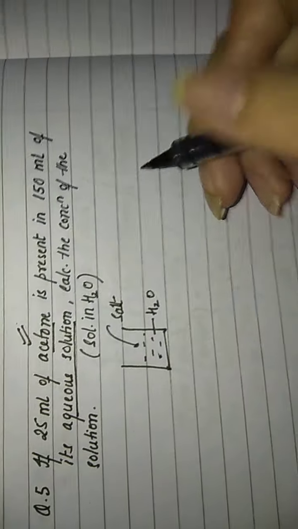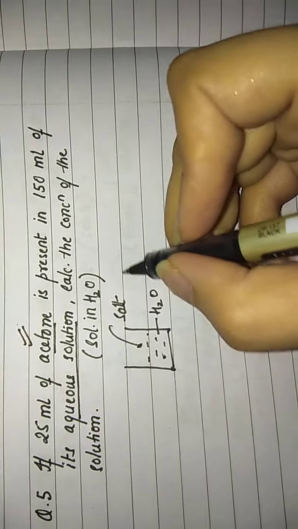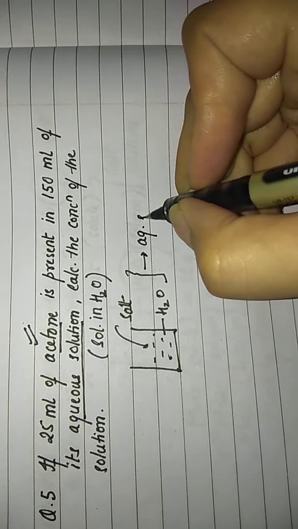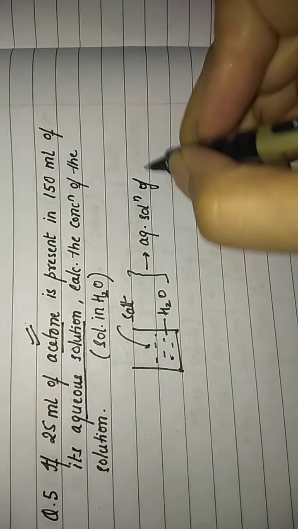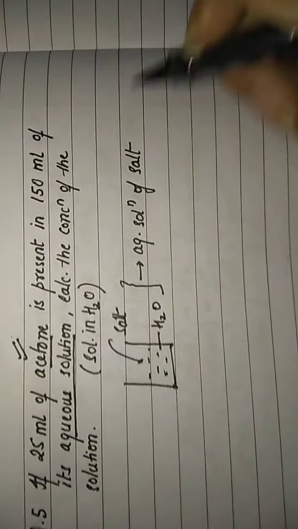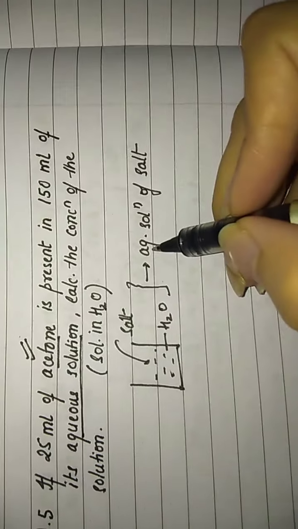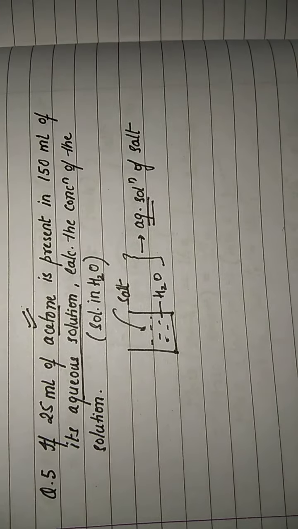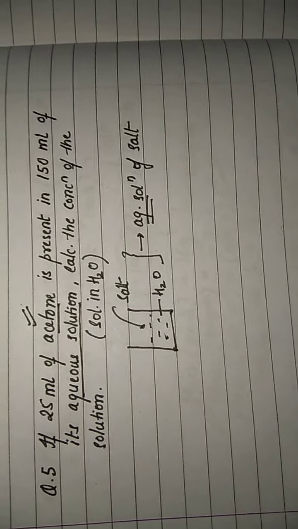So this resulting solution, this resulting salt solution will be called as the aqueous solution of salt. So aqueous solution of salt means a solution of salt in water. So this means solution in water. When we make a solution of anything in water, it is called its aqueous solution.